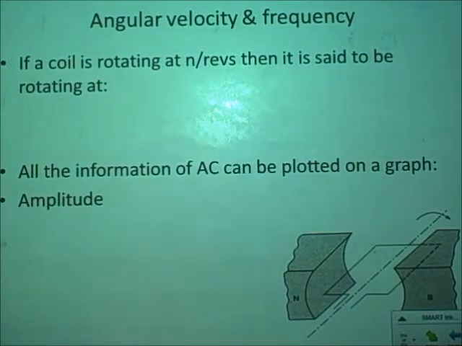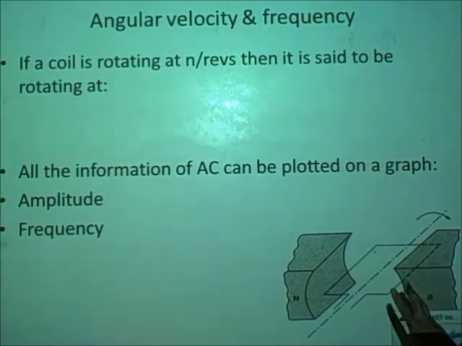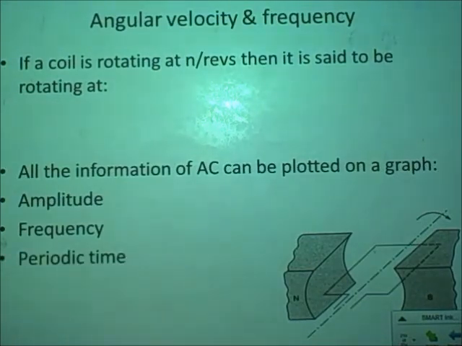We also need to consider the cycles per second, which is termed as the frequency. Well done. We also said that it takes time for that conductor loop to rotate, so we are concerned with periodic time.